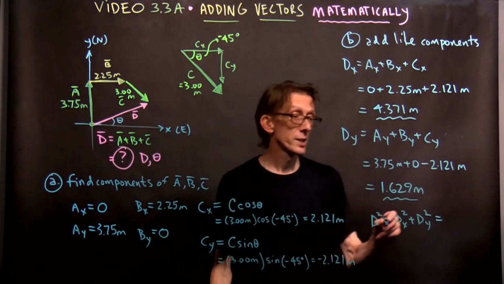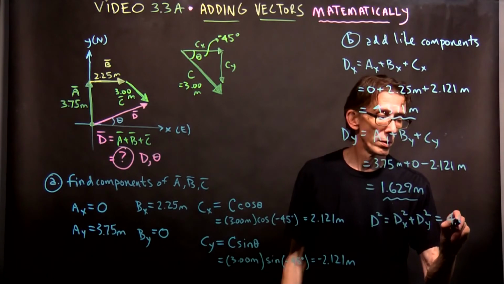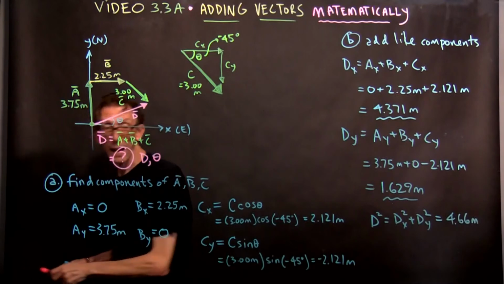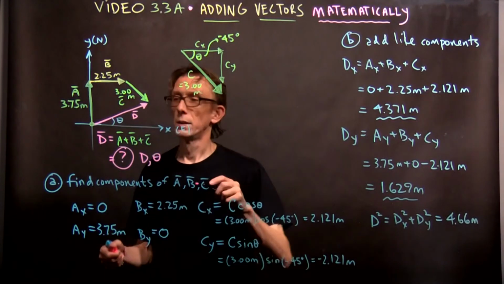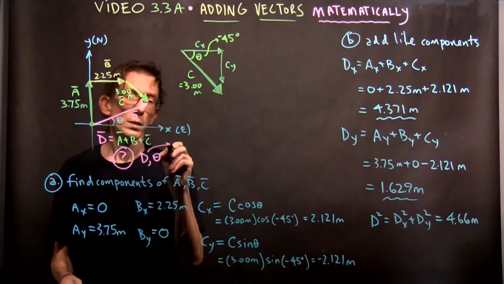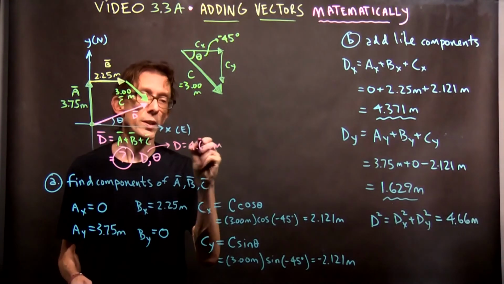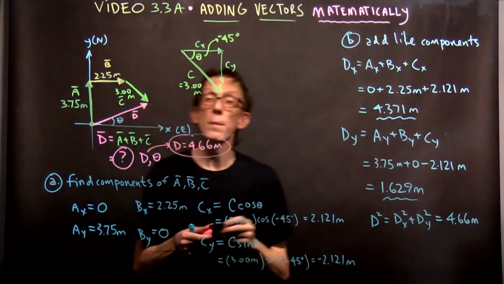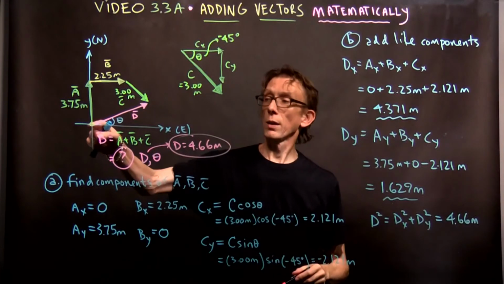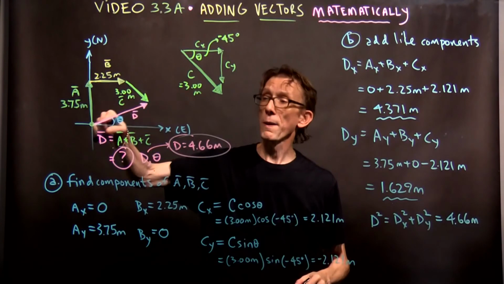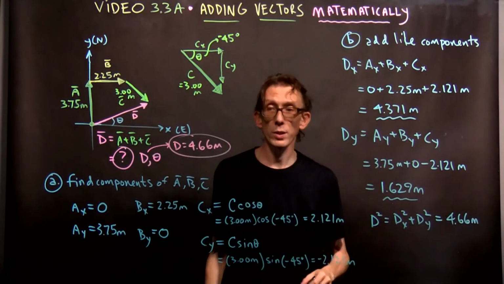It's 4.66 meters. That is the magnitude. So D equals 4.66 meters. If you lay down a meter stick between the origin and where you ended up, you would be 4.66 meters away from where you started.